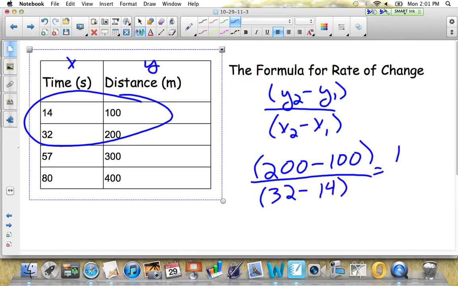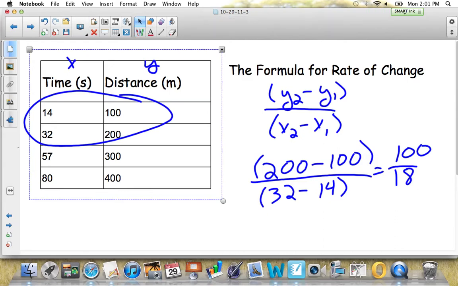So in other words, 100 divided by 32 minus 14. What is that? 18. Class has not been super helpful here. Yeah, so I could divide 100 by 18.